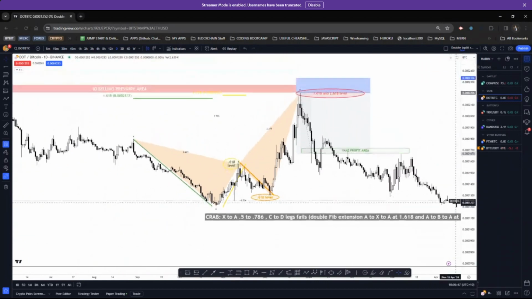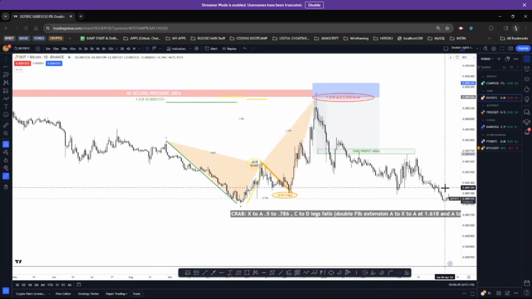And in harmonics, there's really 5 that you should be aware of, but I'm only going to cover 4 today, and I'll give you the reason as we go. I can tell you right away, if you know what harmonics are, I'm not going to cover the sharp pattern today.